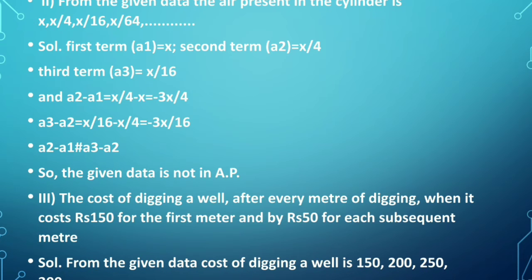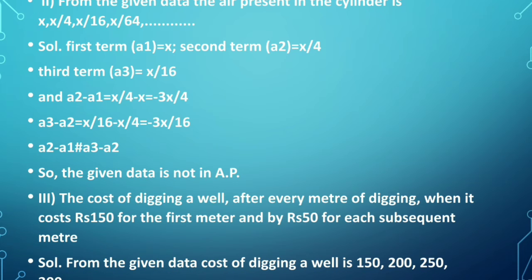So first the present amount of air is X. Then the vacuum pump removes 1/4 of that air at a time, that is 1 by 4 into X, X by 4. And next, from that X by 4 it again removes 1/4, that is 1 by 4 into X by 4, which is equal to X by 16. So like that it is removing 1/4 of the air from that cylinder.